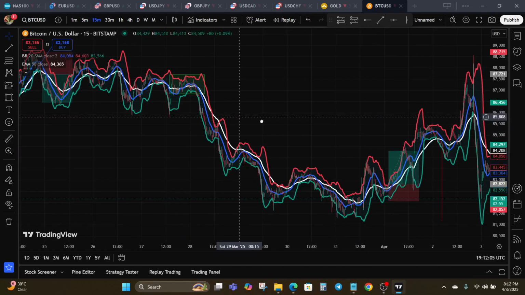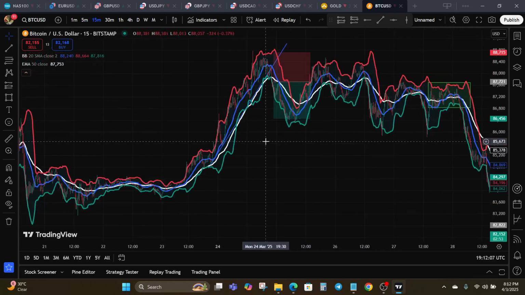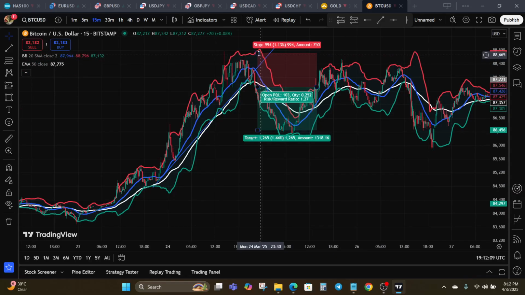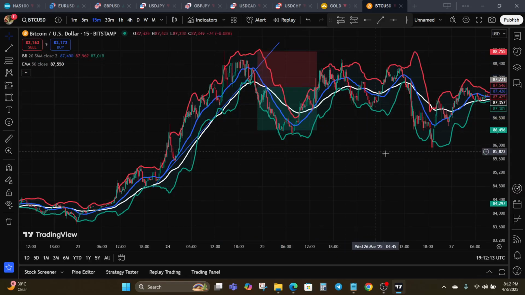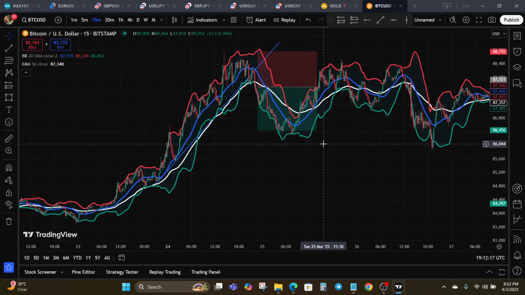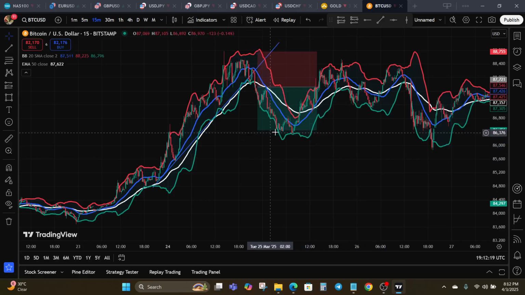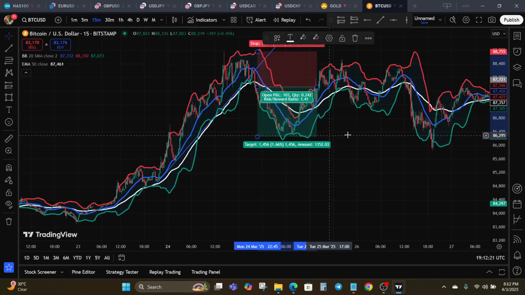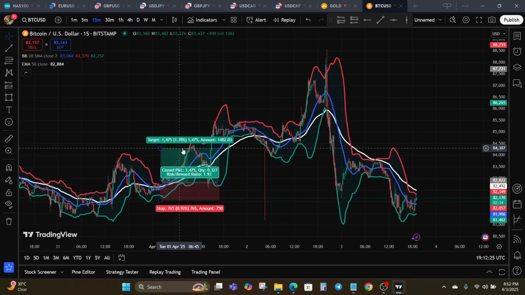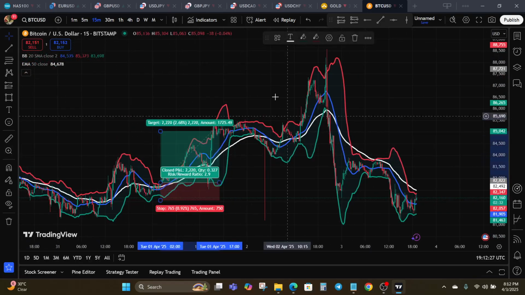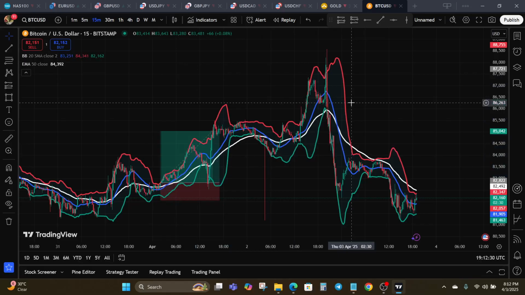Then for a sell trade, you set your stop loss above the recent resistance. Then for your take profits, you can set your take profit at the opposite Bollinger Band, or key support and resistance level. So for a sell, it's going to be the lower Bollinger Band or support level. For a buy, it's going to be the upper Bollinger Band or resistance level.